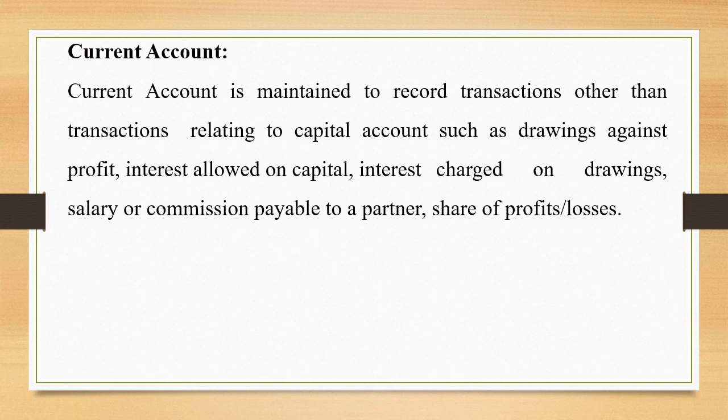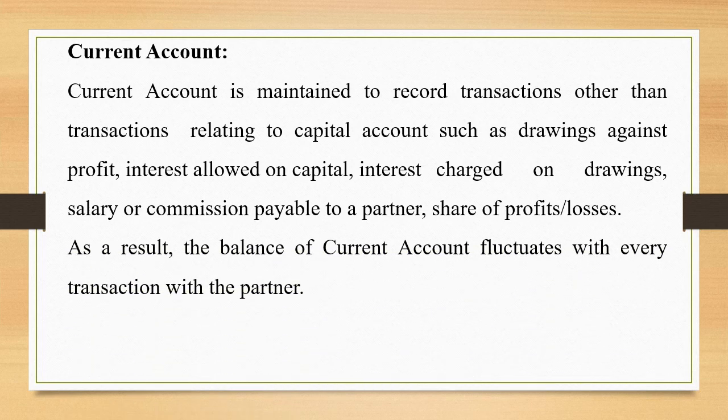Next, current account. Current account is maintained to record the transactions other than the transactions relating to capital account, such as drawings against profit, interest allowed on capital, interest charged on drawings, salary or commission payable to partner, and share of profits or losses. That means, apart from capital, if any other adjustment related to the partner is there, it has to go to current account.